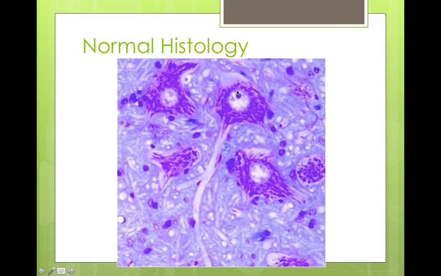Those small purple parts are actually rough endoplasmic reticulum, but the rough endoplasmic reticulum of the neuron is called the Nissl substance. So please remember that this is the Nissl substance. We're going to need that in pathology.